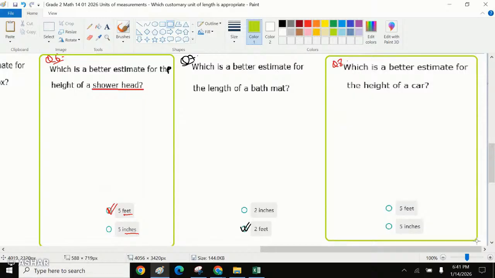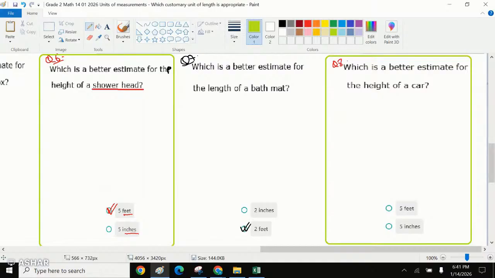Should the height of a car be in feet or inches? Yes, it should be 5 feet, because we have to sit in the car also, right? So it has to be higher.